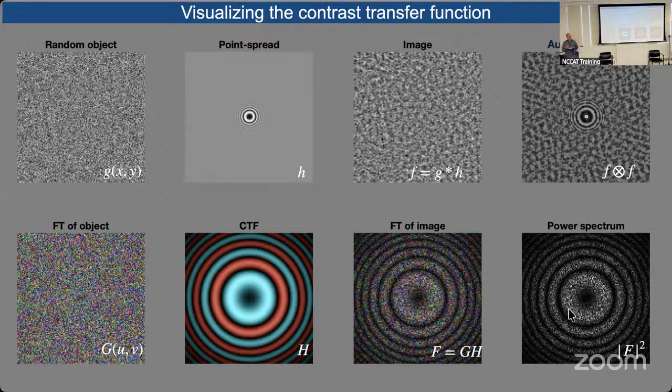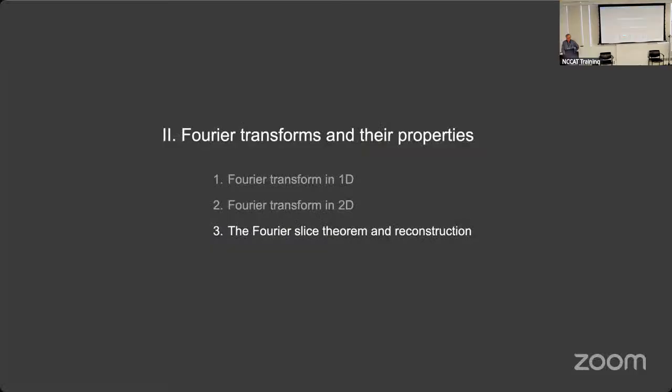It doesn't matter very much what the actual specimen contains, because everything is multiplied by the CTF, so you keep seeing these zeros coming from the CTF.